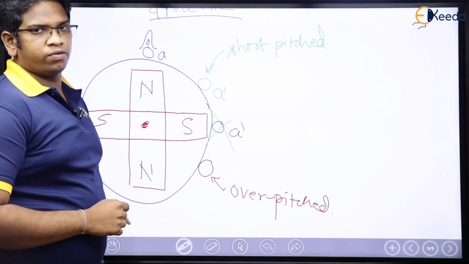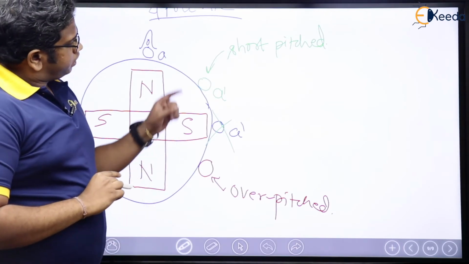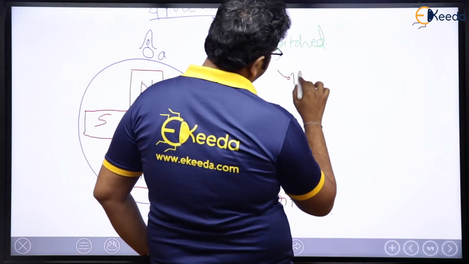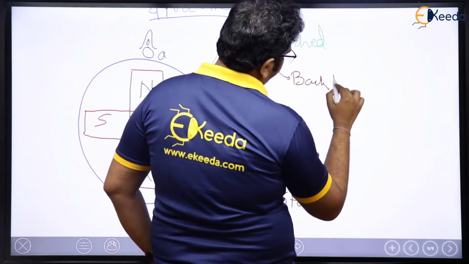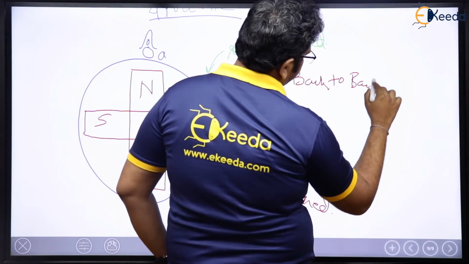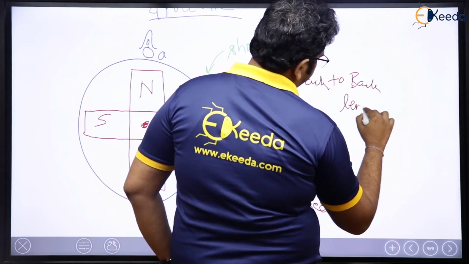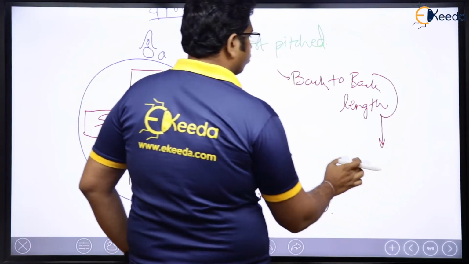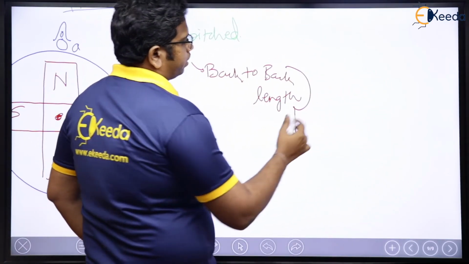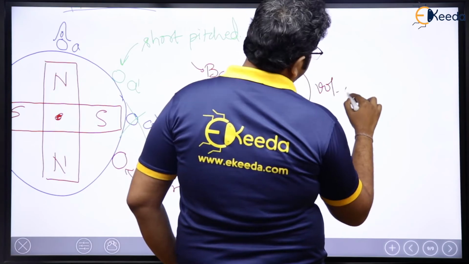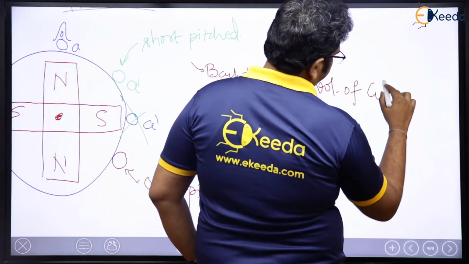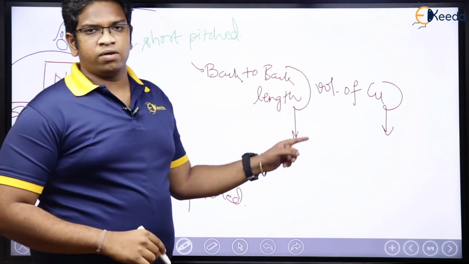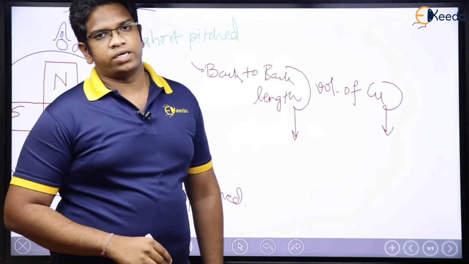They say that if it is less, then the volume of copper required is going to be less, and that is the advantage. That is the reason we use short pitch winding.